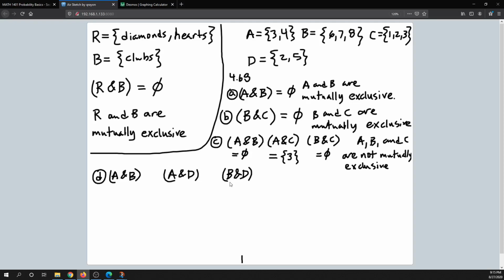A and B we've already calculated. That's the empty set, right?